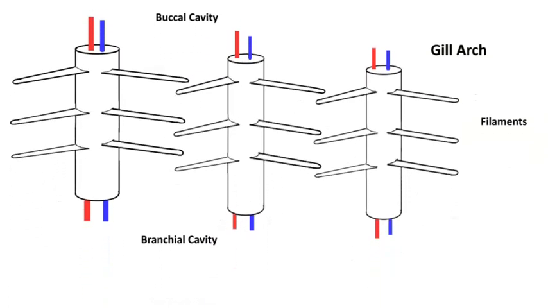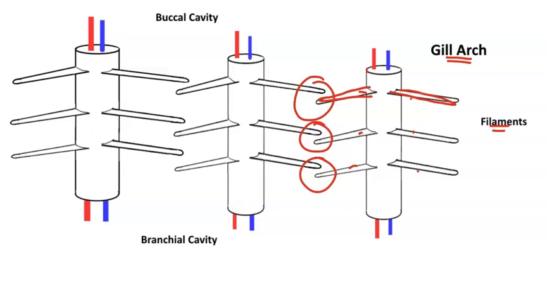If we take a look at those gills, then we find that the surface area is increased on what are called the gill arches by these blades, otherwise known as gill filaments, and they occur in pairs as you go down the gill arches. And notice that the filaments of one gill arch overlap with the other.